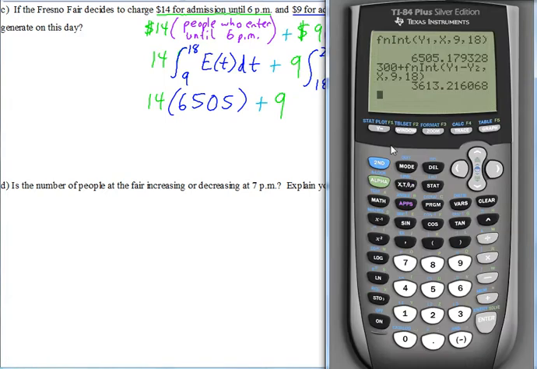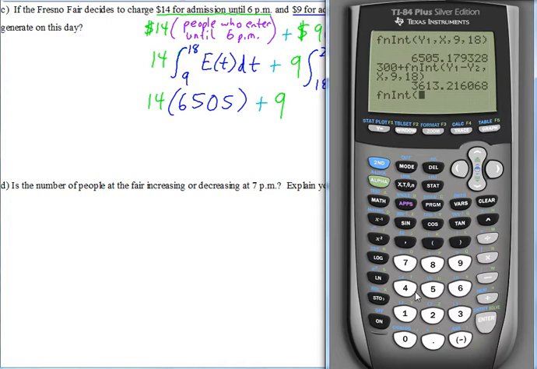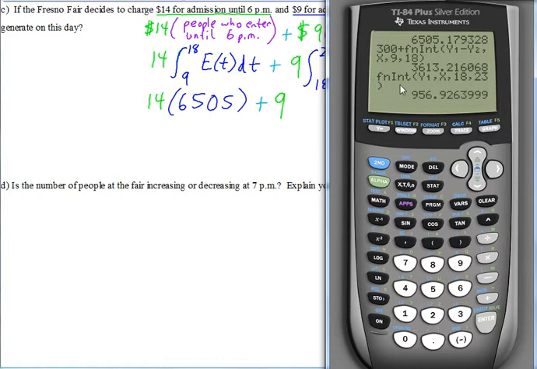So it's going to be the integral of just EFT, so just y1, comma, x is our variable, comma, the lower limit is 18, comma, the upper limit 23. And again, we're going to round to the nearest person here. So this one rounds up to 957 people.